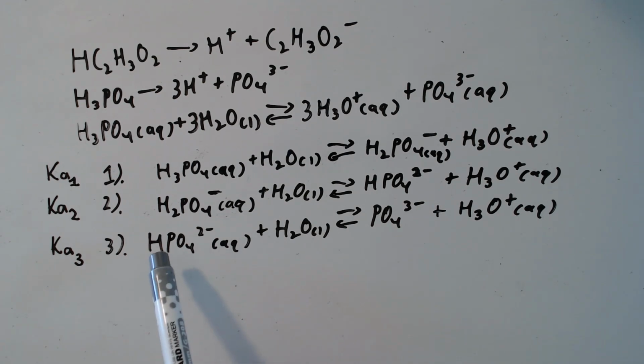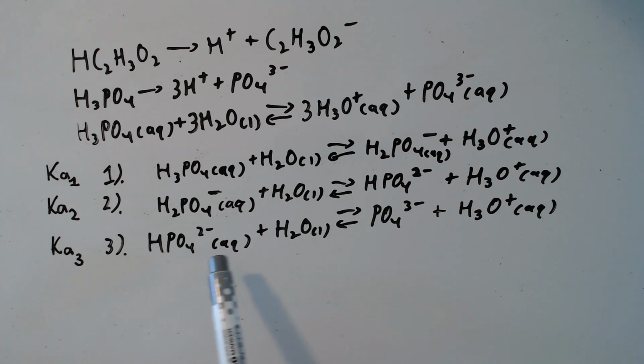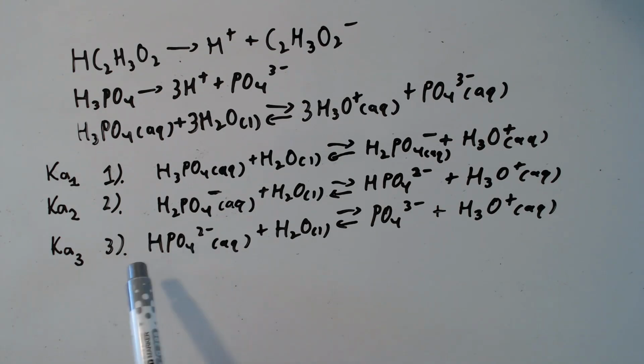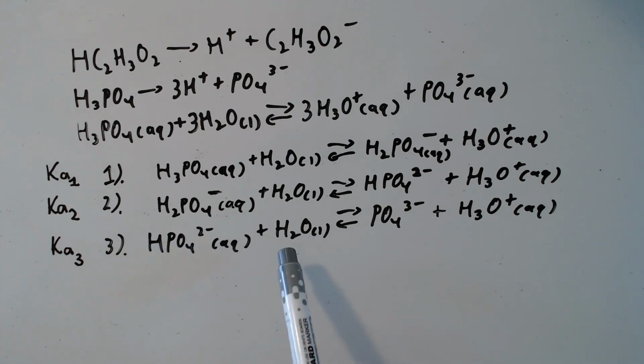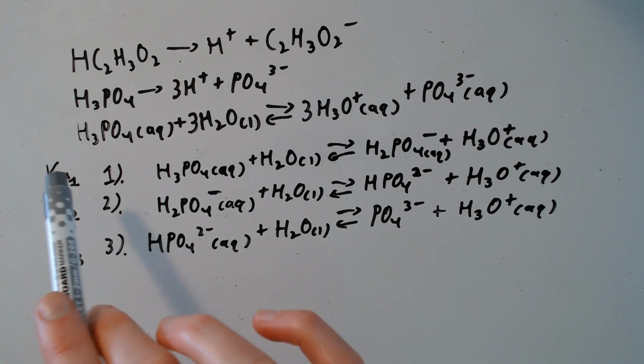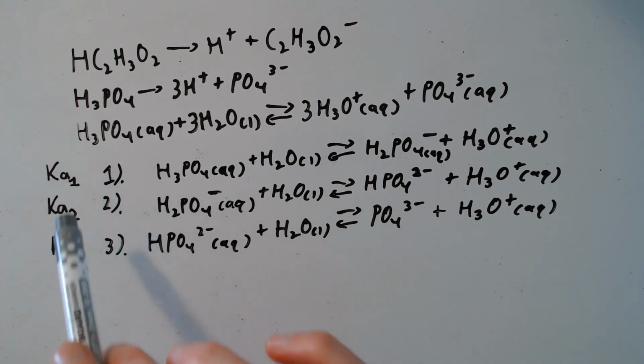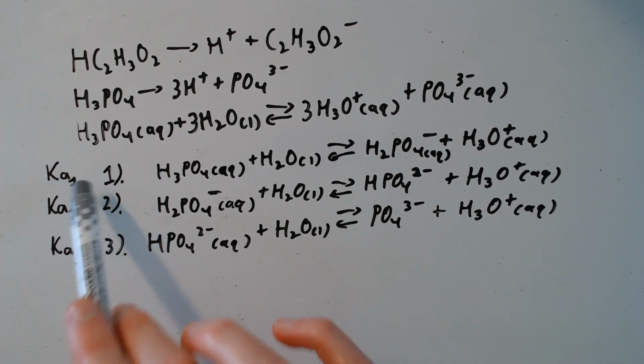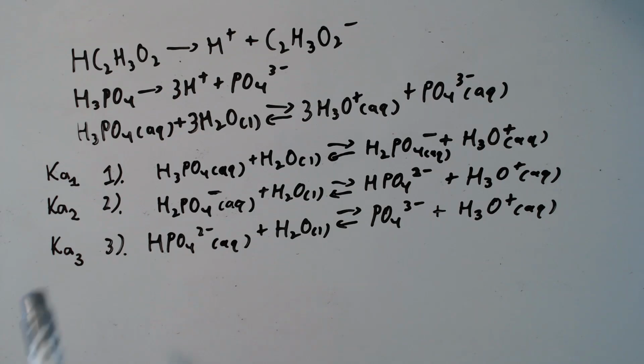And therefore this acid here dissociates very poorly because it does not really tend to yield H+ because it's so negative it tends to pull them back. So the Ka3 here is very low. These Ka's for each progressive reaction are labeled Ka1, Ka2, Ka3.